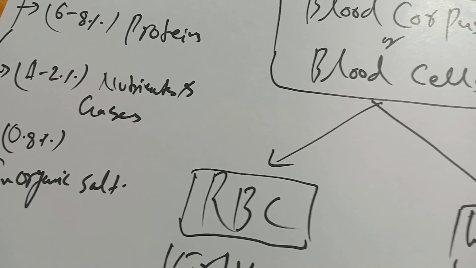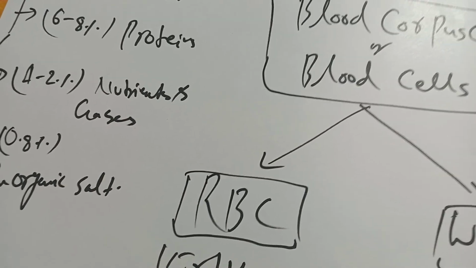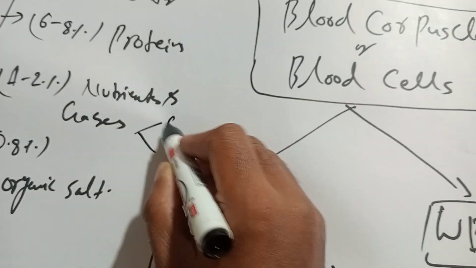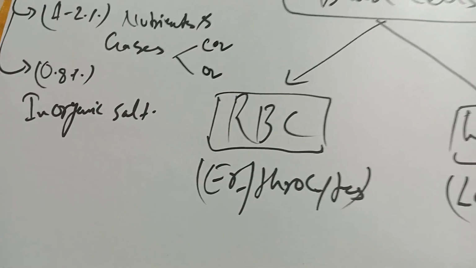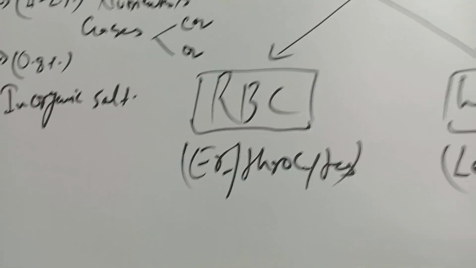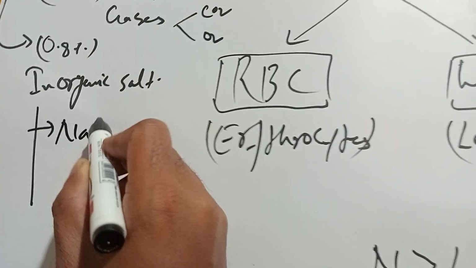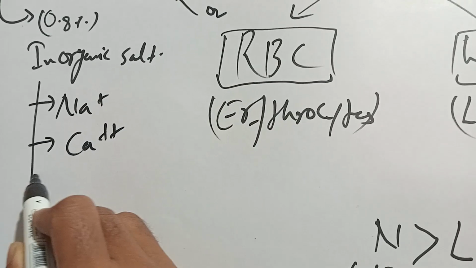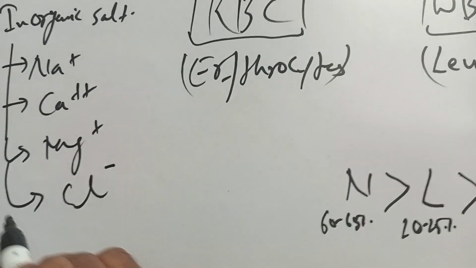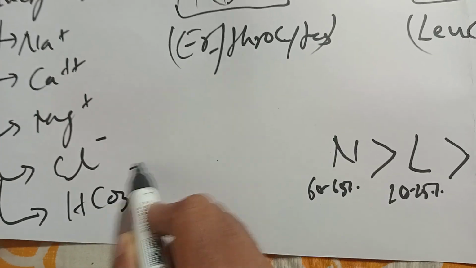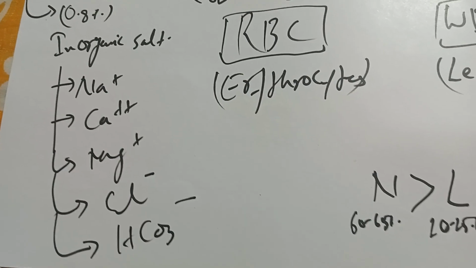A small amount of these is present in plasma. And gases like carbon dioxide and oxygen. And 0.8% inorganic salt. Inorganic salts, you know: sodium, calcium, magnesium, chloride ion, bicarbonate. So these are the inorganic salts which are present at 0.8% in plasma.